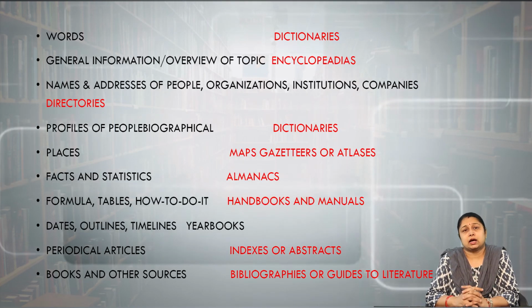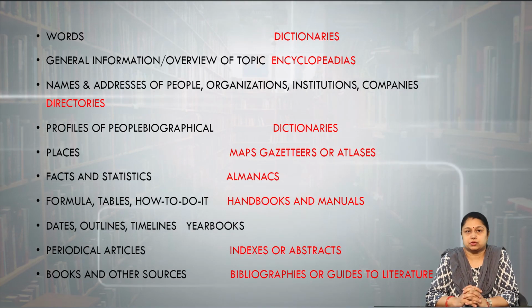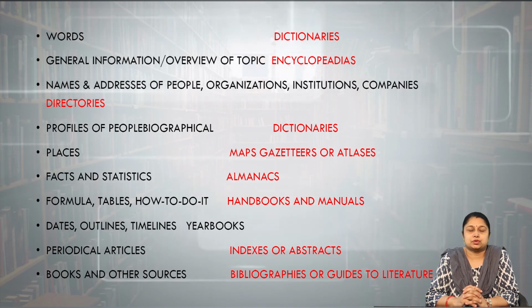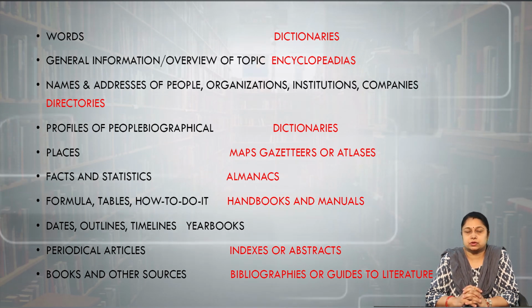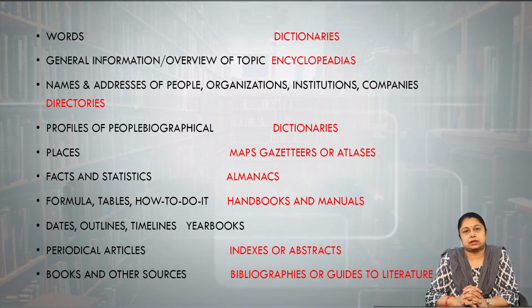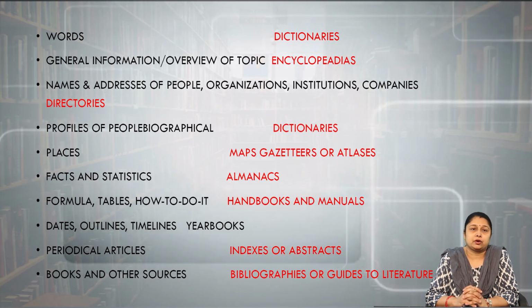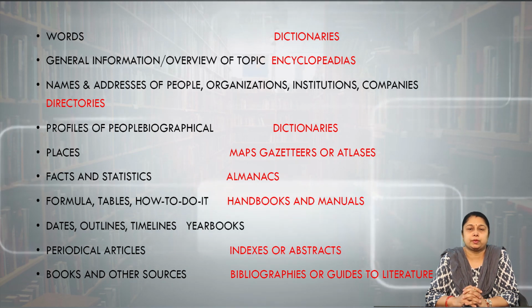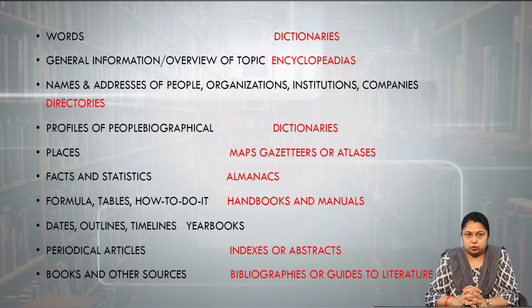So, this way there are different types of reference sources available, and for different queries we use different types of reference sources. For example, if we are looking for words, we consult dictionaries. If we are looking for general information, an overview of some topic, then we refer to encyclopedias.